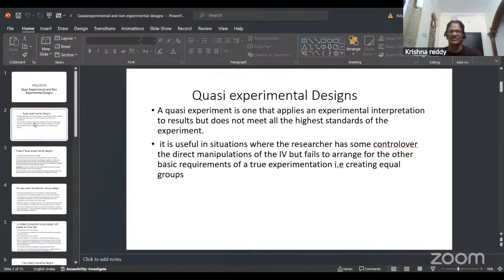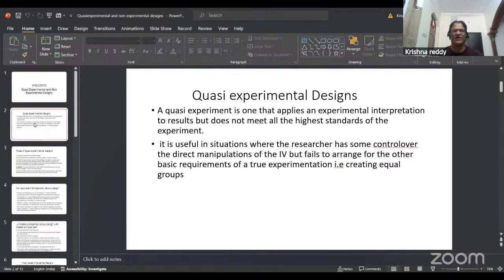You cannot say that an experiment includes groups which are not equal. So when there are no equal groups, I think it's going to be a quasi-experimental design. Normally, it will be very, very difficult for an experimenter to get equal groups for the experiment.